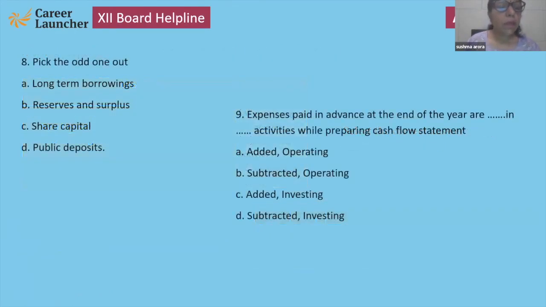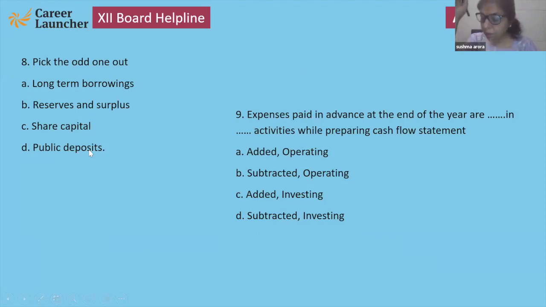Next, pick the odd one out. Yes, children, I am waiting for your answer. Pick the odd one out. So here I am going to show you, long-term borrowings are part of financing activity. Share capital is also part of financing activity.